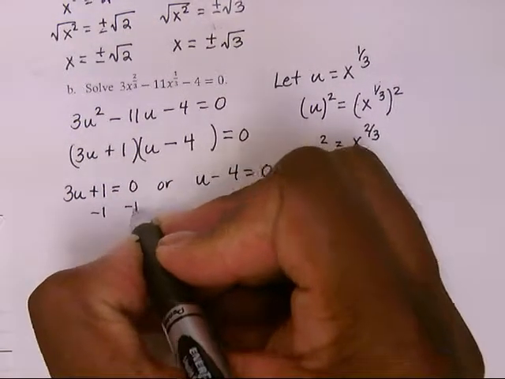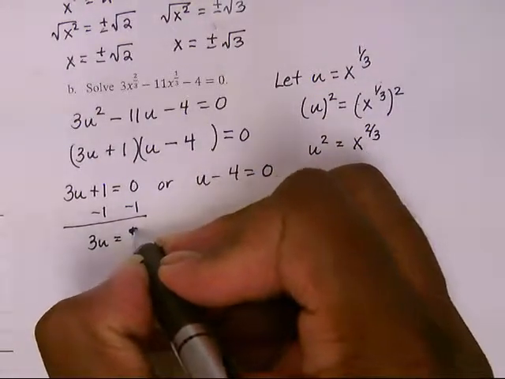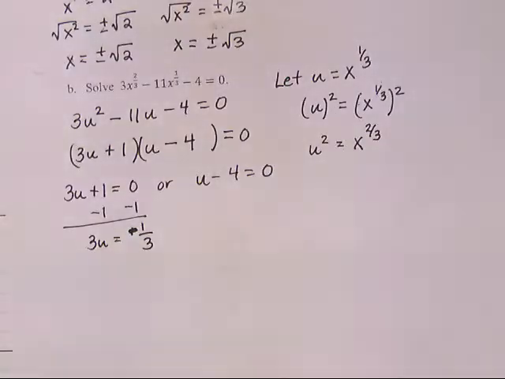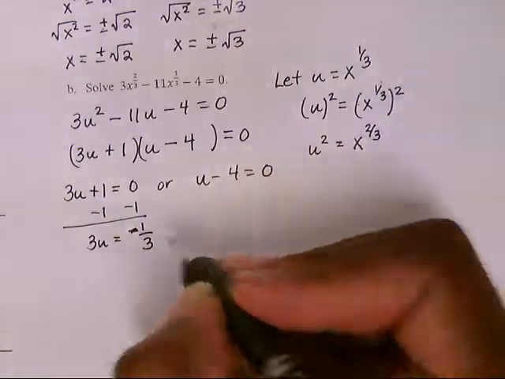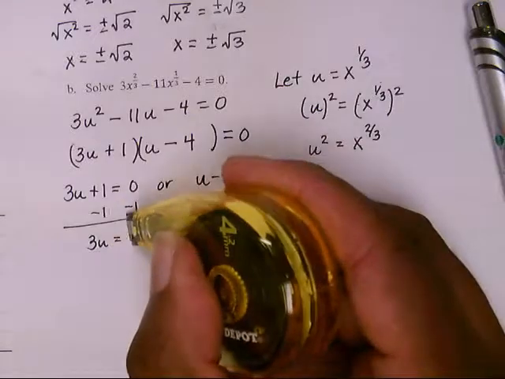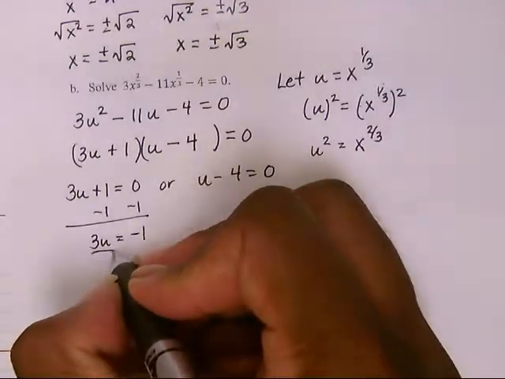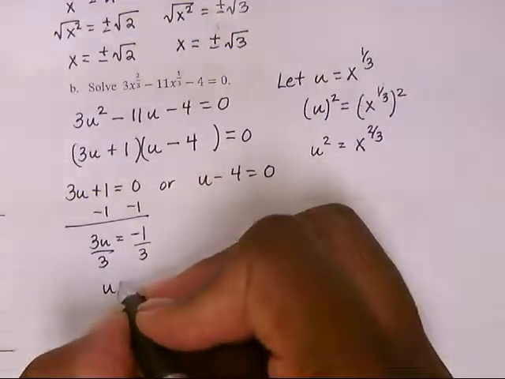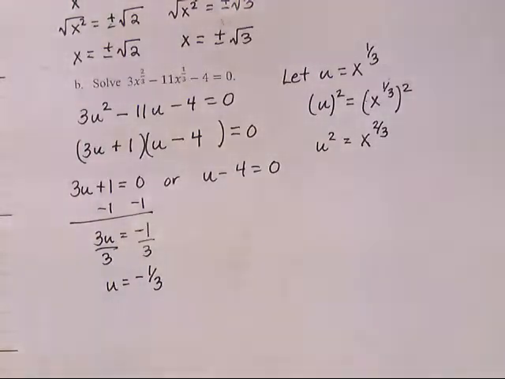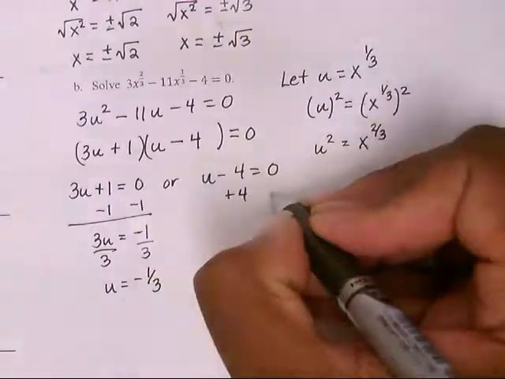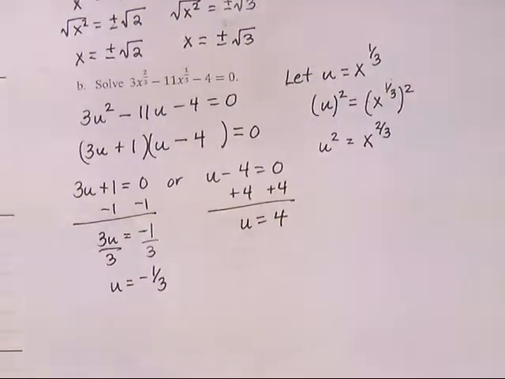So if I subtract 1 here for this 3u plus 1 equal to 0, I have 3u is equal to negative 1. Now divide by 3. It will be negative 1/3. And then for the u minus 4 is equal to 0, if I add 4 to both sides, u is equal to 4.